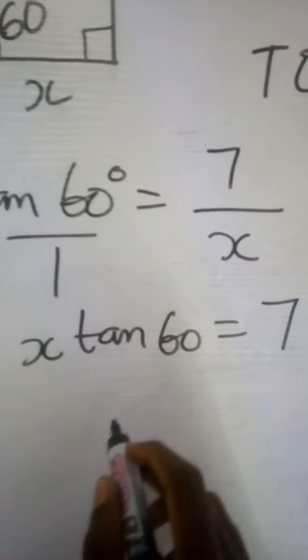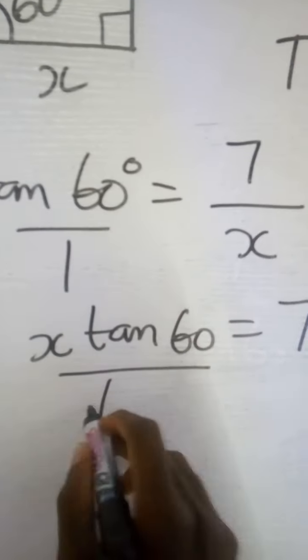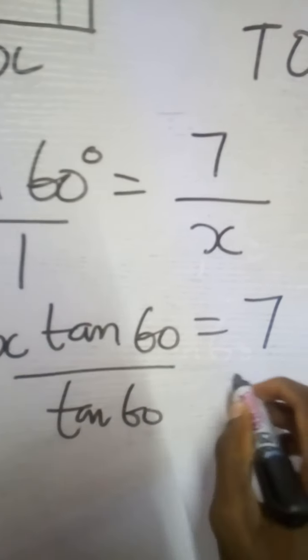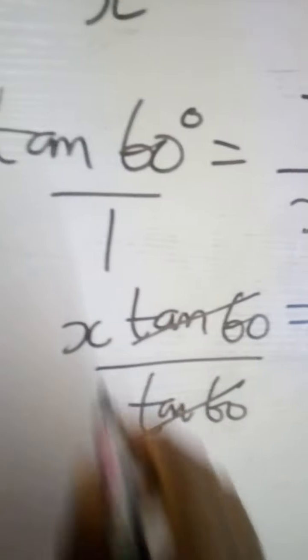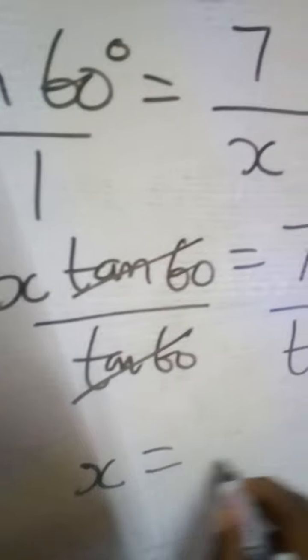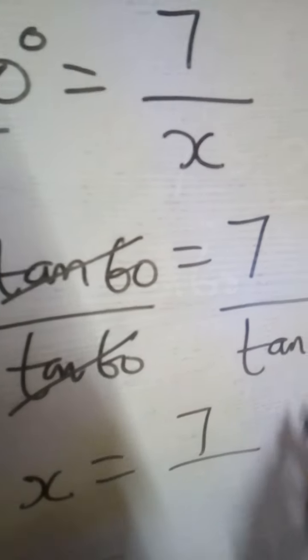To find my x, I divide the two sides by tan 60. Tan 60 divided by tan 60, I have my x remaining. So x equals 7 over tan 60.